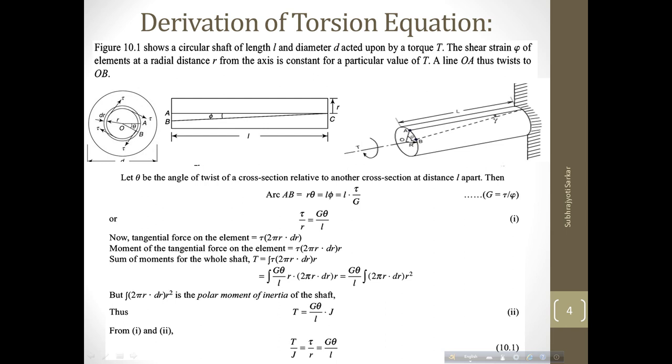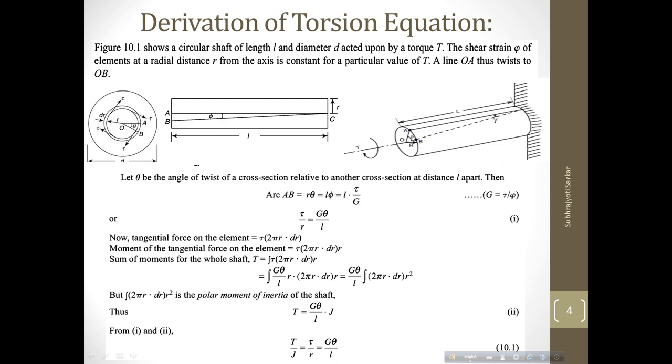Now the angle is very small as compared to the length of the shaft, so the change in length is very small and can be neglected. Thereby the arc AB is also equal to L into phi. So arc AB is equal to R theta equals L phi.